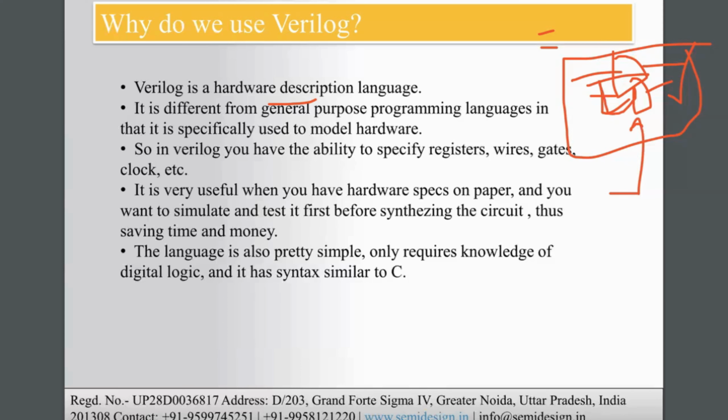Compilation checks whether there are any syntax errors in our code, like if you miss a semicolon or if you don't write a keyword properly.